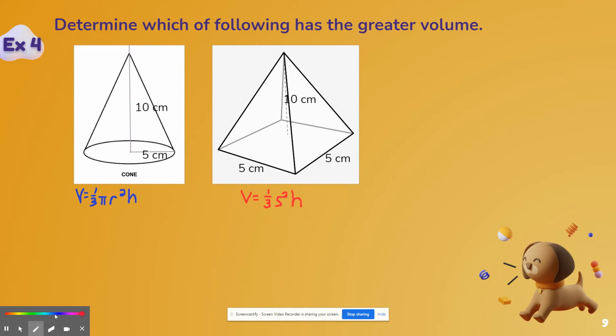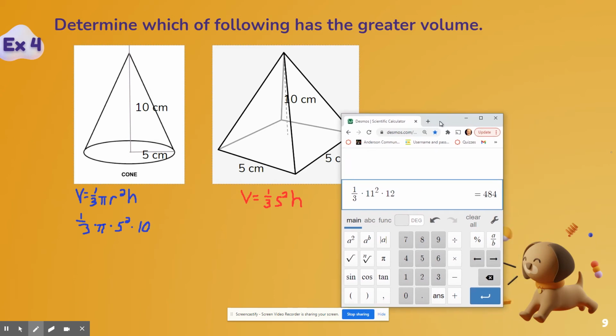So the first thing we're going to start with is this one here. We're going to enter in our calculator 1/3 times pi times 5 squared times 10. Or round to the nearest hundredth just so that we have something to stop at. And so I'm going to use the calculator again.